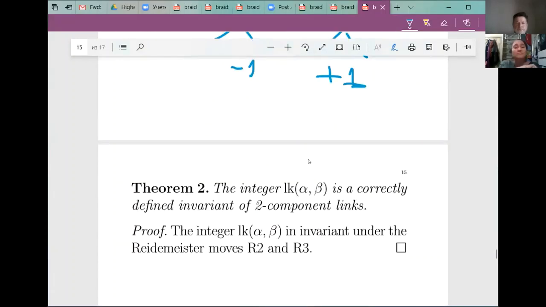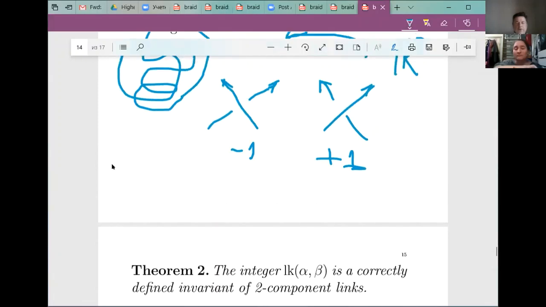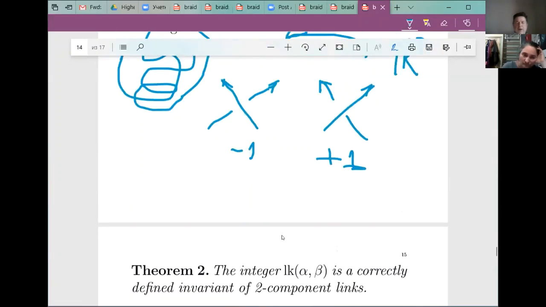So maybe I'm given already the proof, but the theorem is that this integer is correctly defined invariant of two component links. So very simple invariant, but anyway it is invariant.